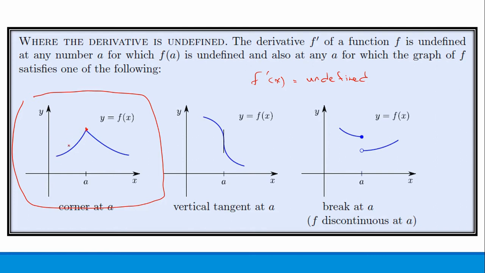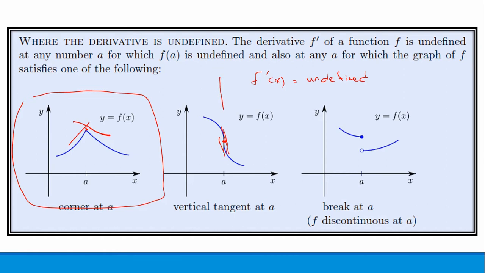You cannot sketch the tangent for this point, so it may be undefined. Similarly for this case, at the inflection point, the gradient is perpendicular, so you don't have a gradient. You don't know the value, either 0, positive or negative, because it is perpendicular.